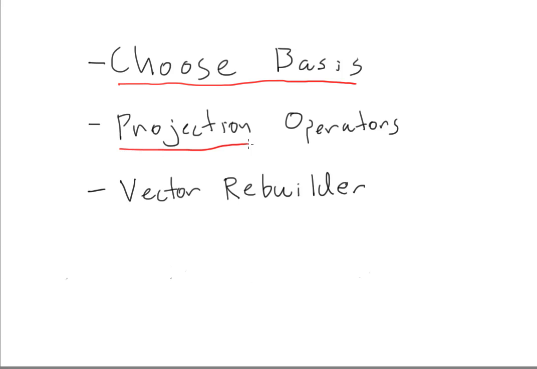We have to figure out what our projection operators look like. And these can be really anything, but they need to satisfy certain properties. For instance, we want the x projector to grab the x component and not grab any of the other components. And then we'll want to think about rebuilding our vector using these projection operators and the basis unit vectors.